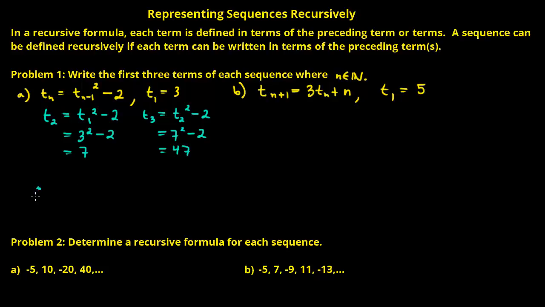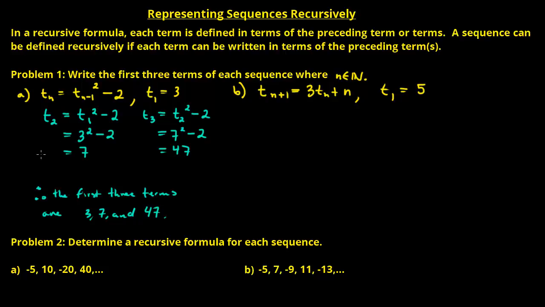So therefore, the first three terms are 3, 7, and 47.